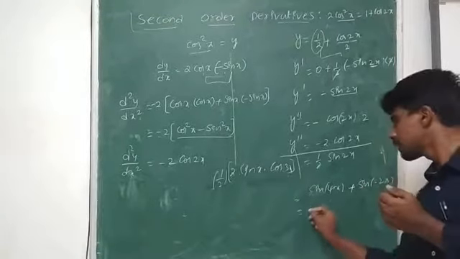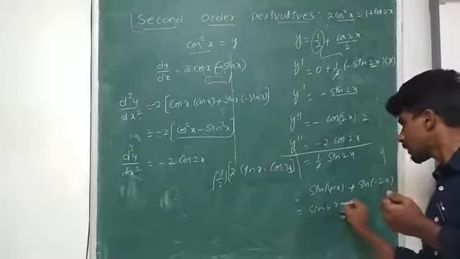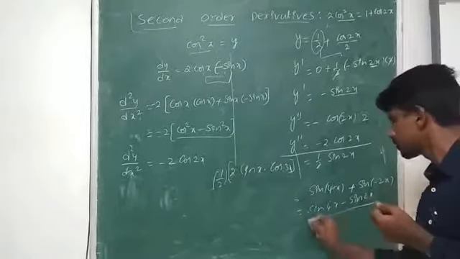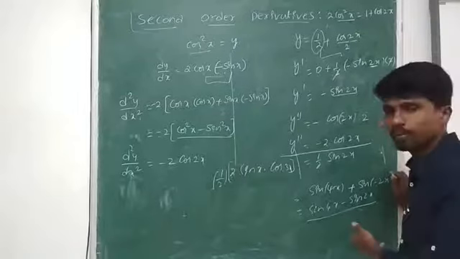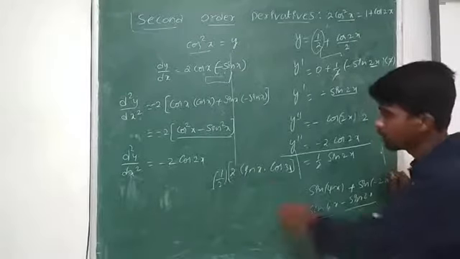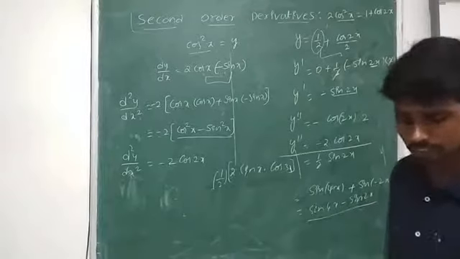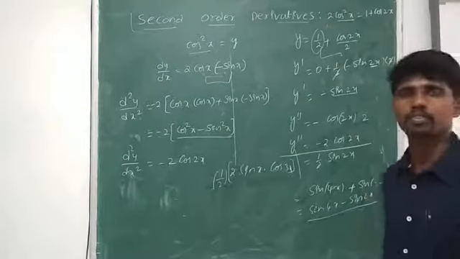What I get: sin 4x minus sin 2x. So differentiation of this particular thing will be easy compared to the product. Both we know, both are comfortable for us; do it whichever way is easy.